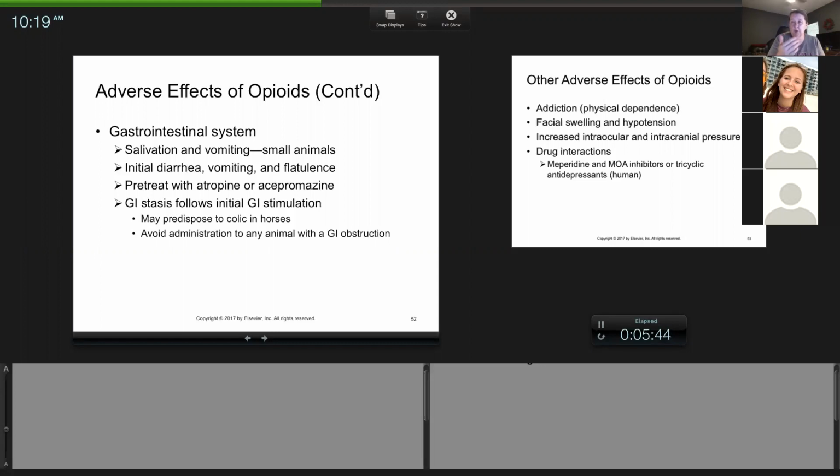We have to be cautious because in horses, if we slow down the GI tract, they could be predisposed to colic. And if we have a GI obstruction, like if we're worried about a foreign body and then you give them a lot of opioids and then everything slows down, we need to get things moving to see if the foreign body will move. And I don't know, maybe you have heard of this.